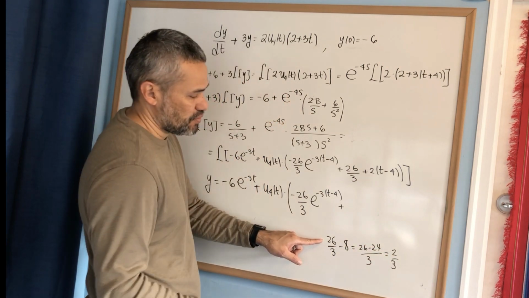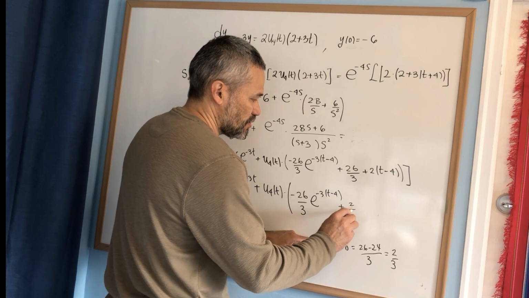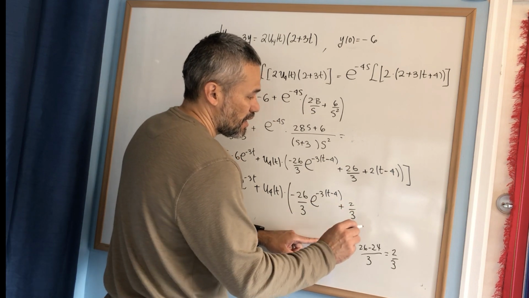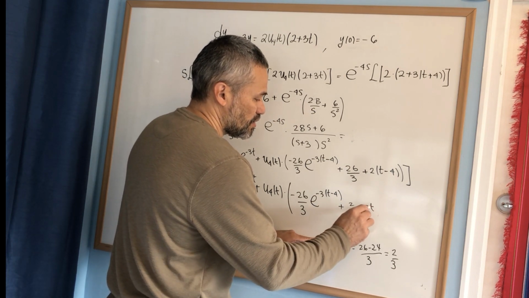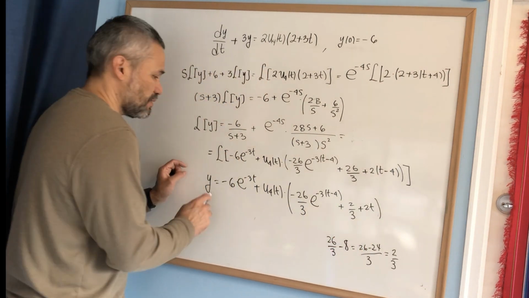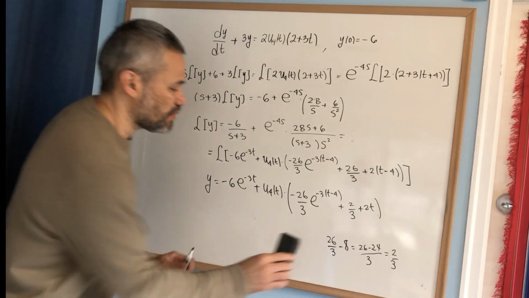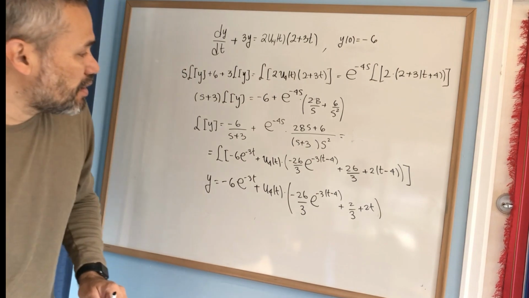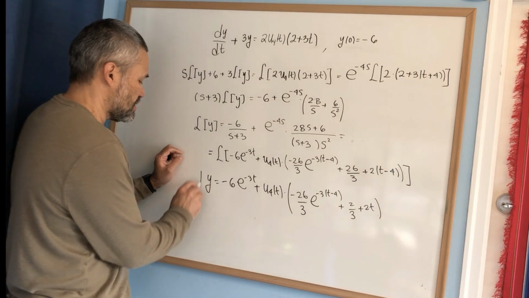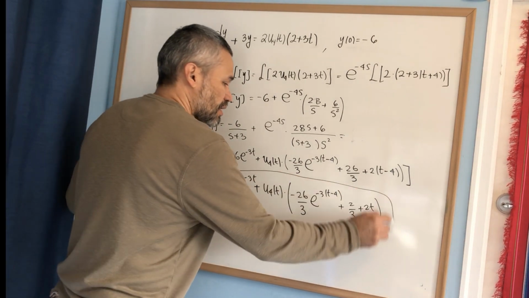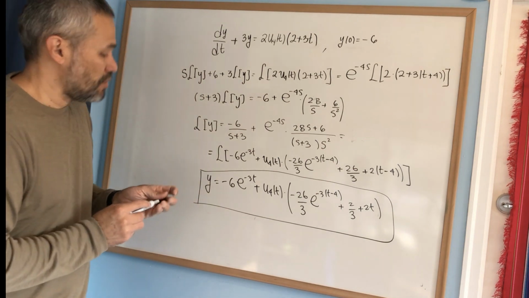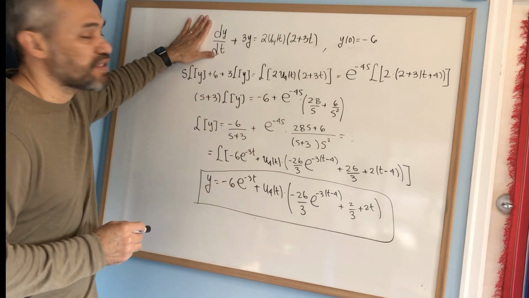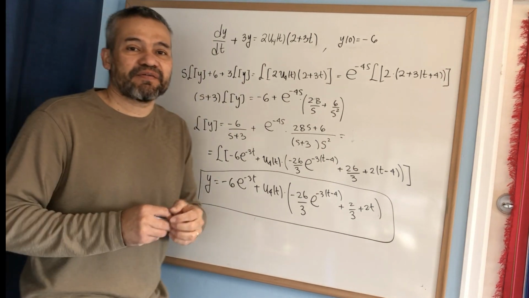And this is 2/3, then it will be plus 2/3 and plus 2t. Then this is the solution for this initial value problem. Okay, this is it for this video.